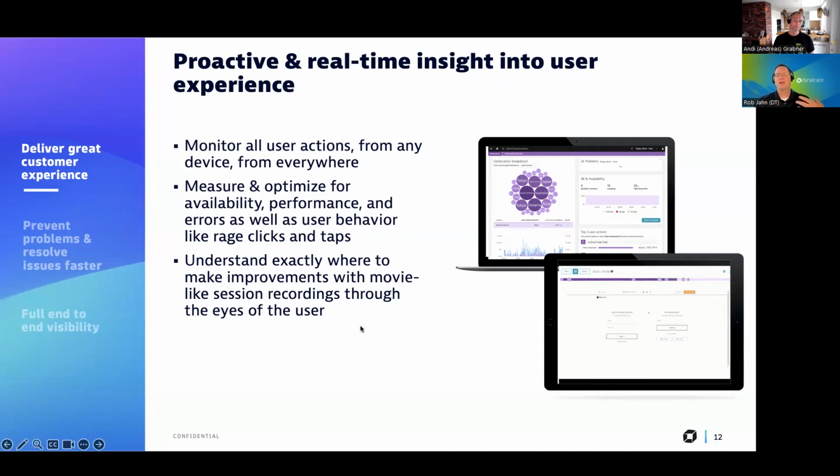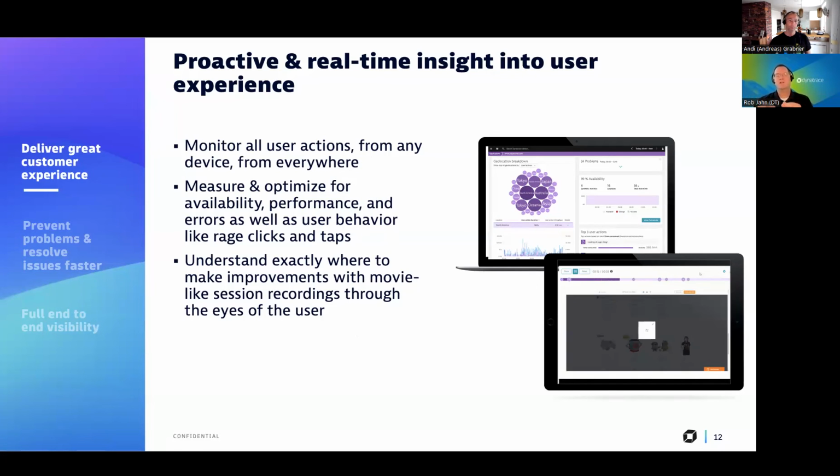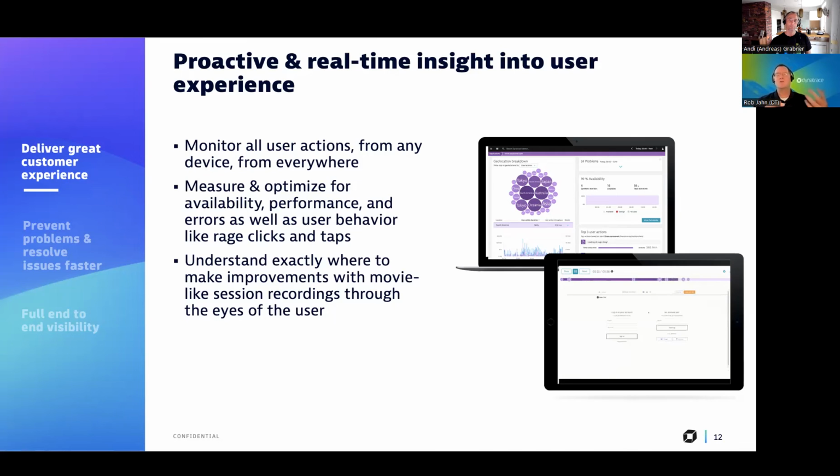And we didn't have time to show it, but there's another part of our digital experience suite called session replay. The ability to see what's happening with the individual session, what the end user is experiencing, is a tremendous tool for support, but also, as Andy said, part of building content is experimentation.